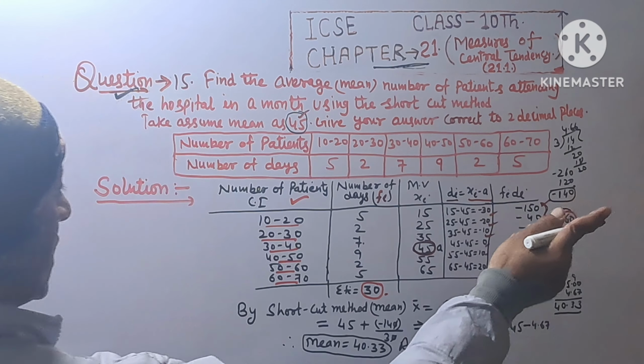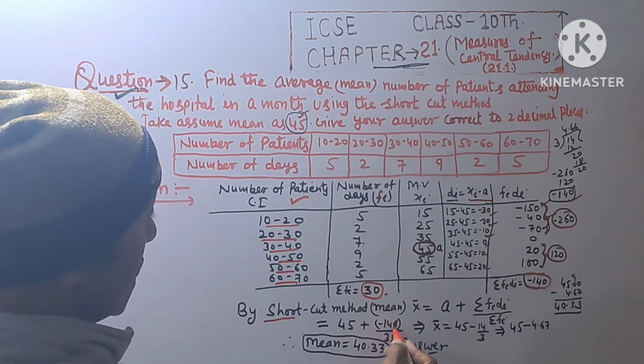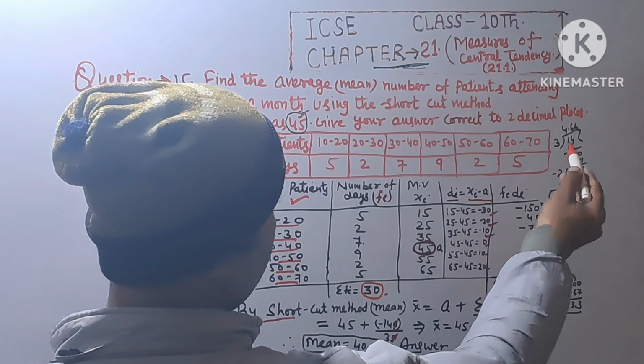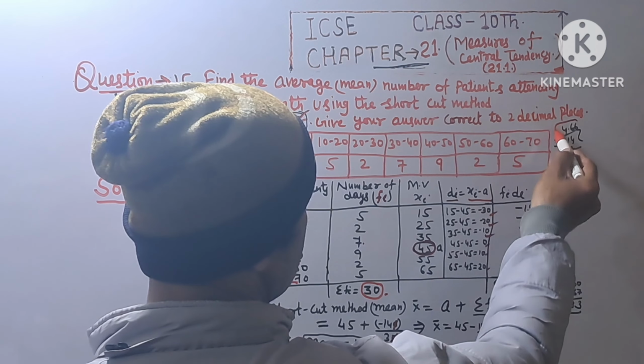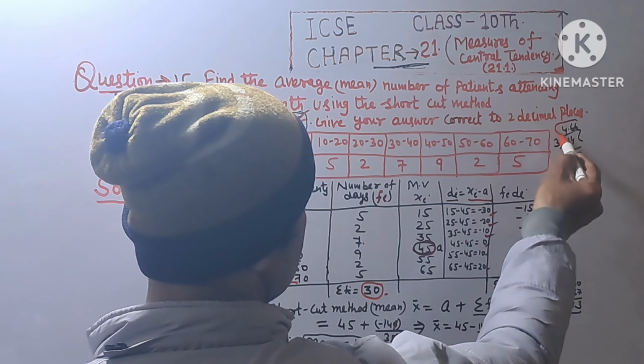By shortcut method, mean x dash equal to a plus summation fi di upon summation fi. A is 45 plus fi di is minus 140 upon 30. 0, 0 is cancelled, and 14 divided by 3, we get approximate value 4.666, that is 4.67 approx.